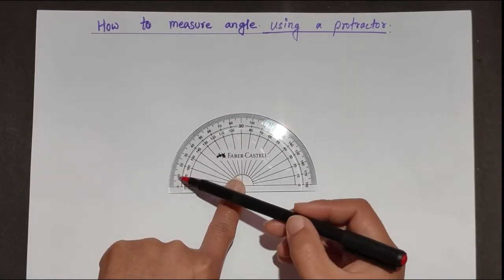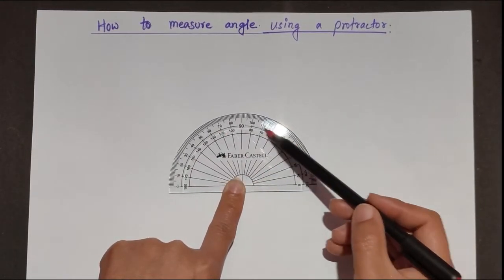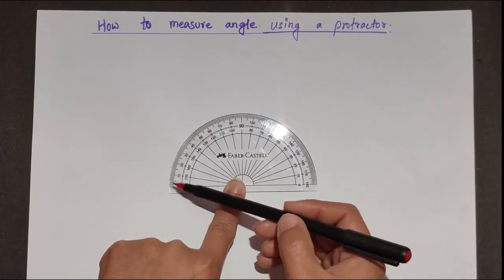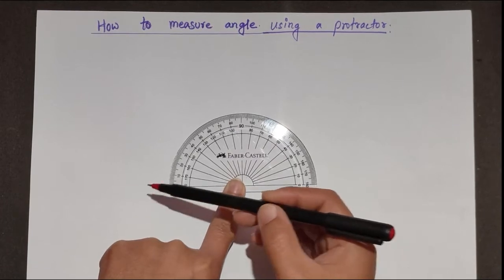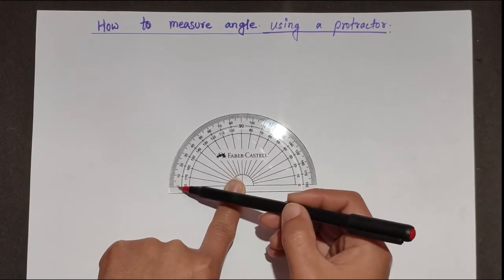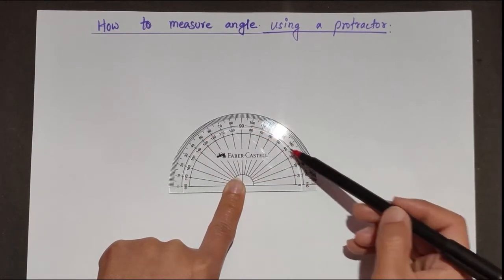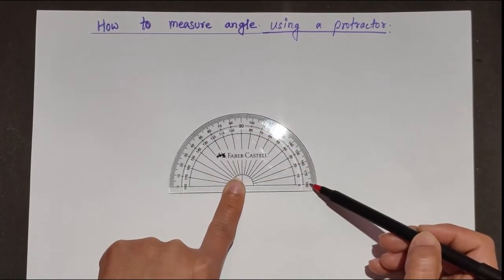And for the outer scale, 0 starts from the left hand side. So 0 is on the left. So we read the scale from 0 and then it goes on to 10, 20, and so on till 180 degrees.